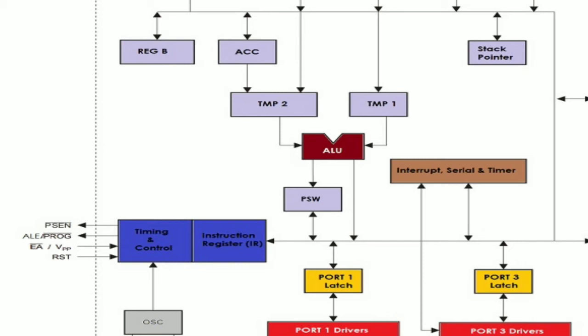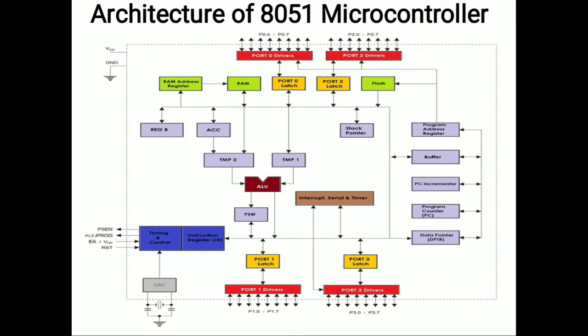So these signals are related to resetting the controller or giving the CPU's charge to the external memory or internal memory based on the EA status. And for reading the program, PSEN bar, program store enable, is used, and also for programming and accessing the address, the ALE section is there. So this is related to the architecture.